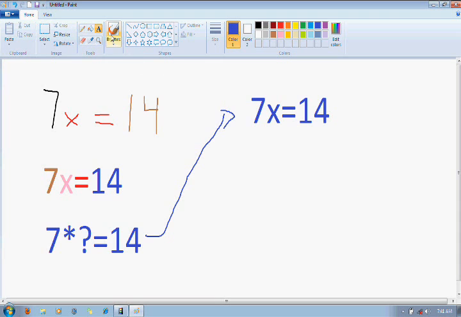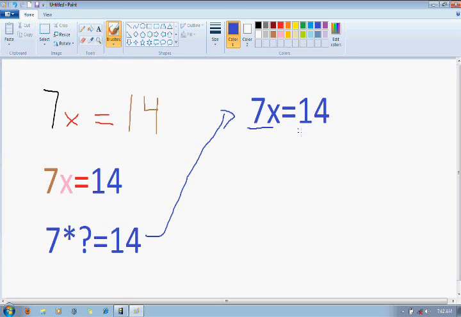Now the way I learned to do it in school was, the opposite of multiply is divide. So what you do is, hopefully you're clued into the fact that 7 can evenly go into 14. It can go in without decimals or fractions or any of that junk. So it's pretty familiar.